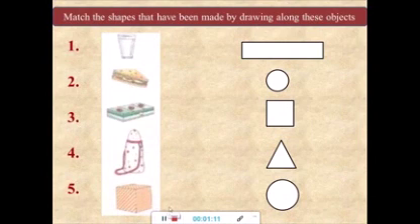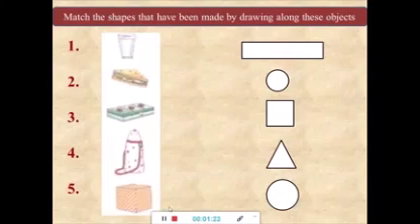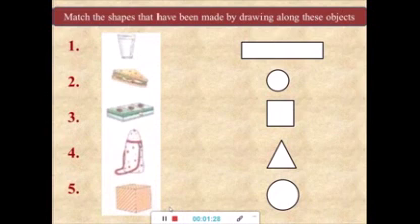Now supposing you place a cube or a dice on a plain paper and run a pencil along its edges, you will get a plain figure with 4 equal sides. And wow, it is a square. It becomes a plain shape. So this is the connection between a solid shape and a plain shape.